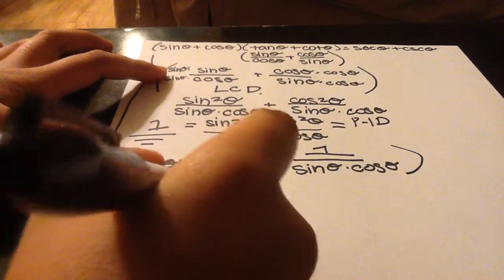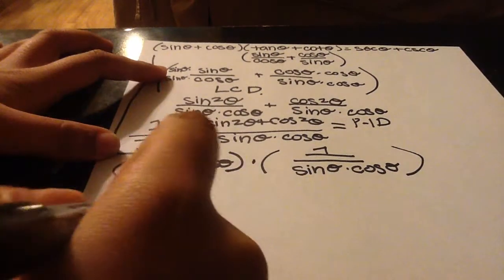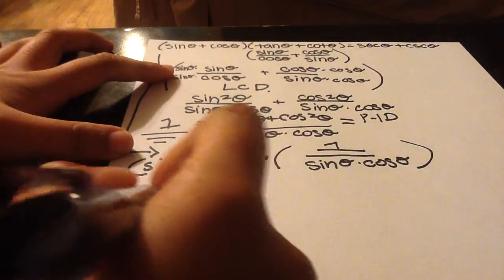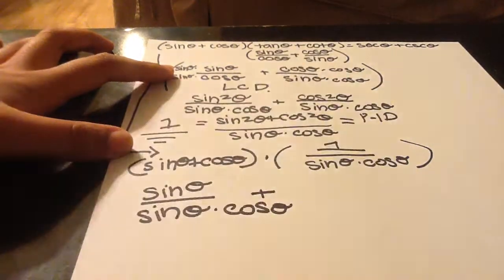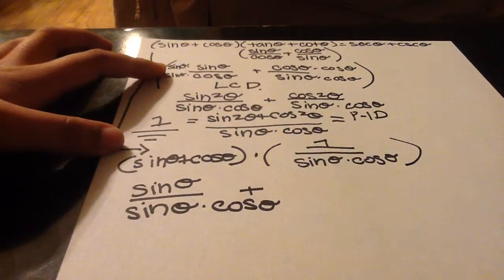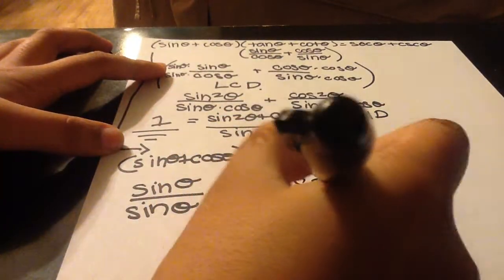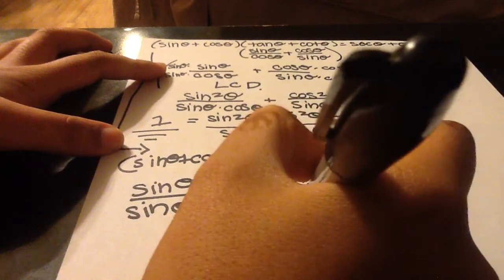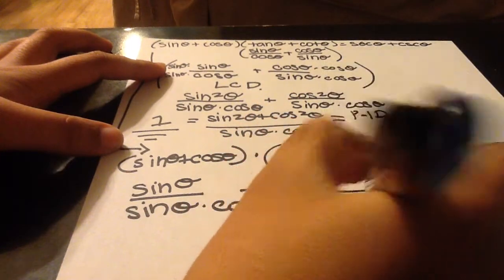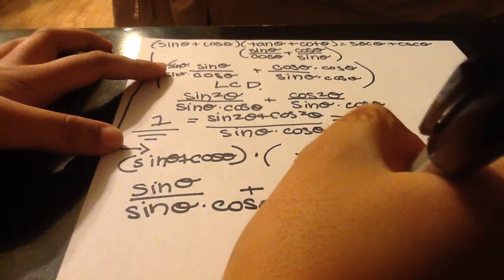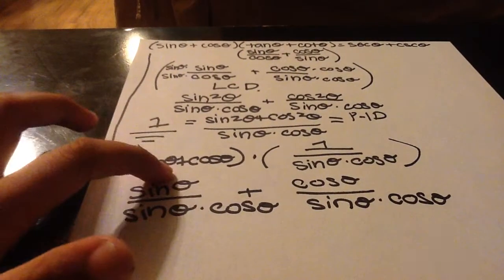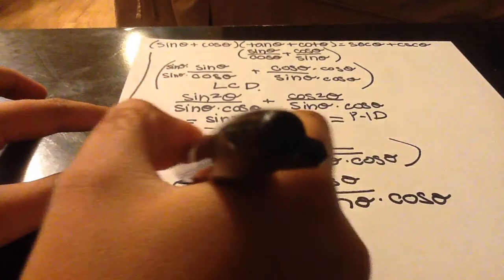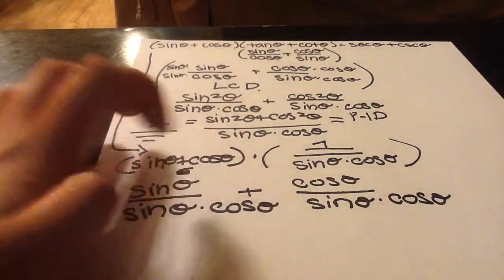So let's do sin θ over sin θ times cos θ, plus cos θ over sin θ times cos θ. Okay, this is plus because right here our signs were plus and not multiplication.